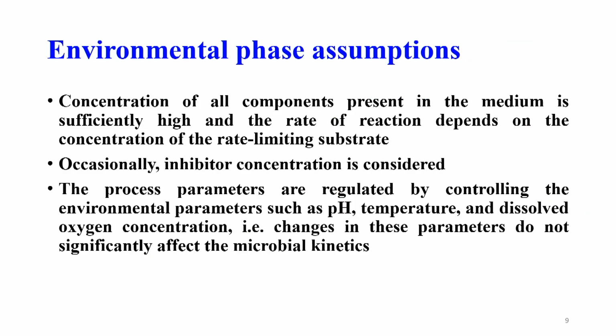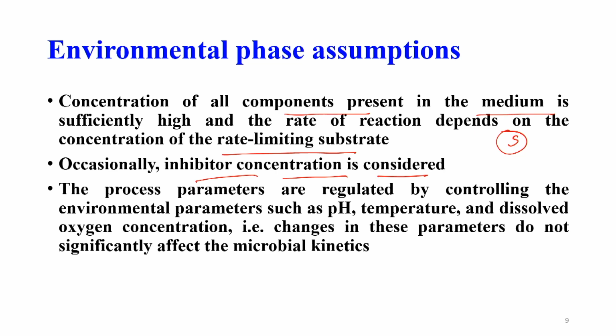So, first assumption, environment phase. What we are saying is the concentration of all components present in the media is sufficiently high, and the rate of reaction depends on the concentration of only the rate limiting substrate. So we are going to consider the rate limiting substrate as S for the kinetics. Of course, occasionally we need to consider an inhibitor, because it adversely affects microbial growth.